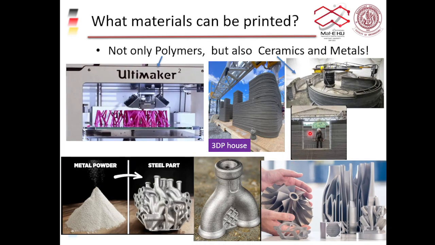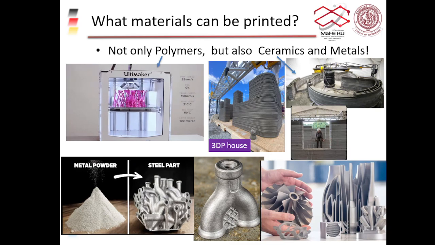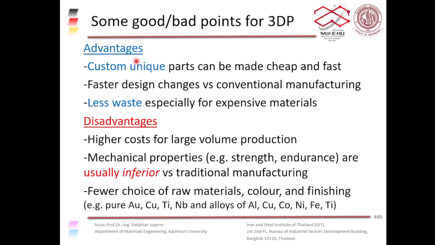Okay, so 3D printing can be used with polymers, ceramics, and also metals. So the advantages and disadvantages of 3D printing: custom and unique parts can be made really cheap and really fast using 3D printing. You can have faster design changes compared with conventional manufacturing, right?